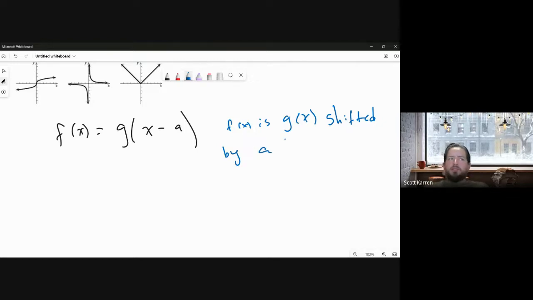And if a is positive, but noting that there's a minus in this formula, meaning it's x minus some number, right, then it's a shift to the right.